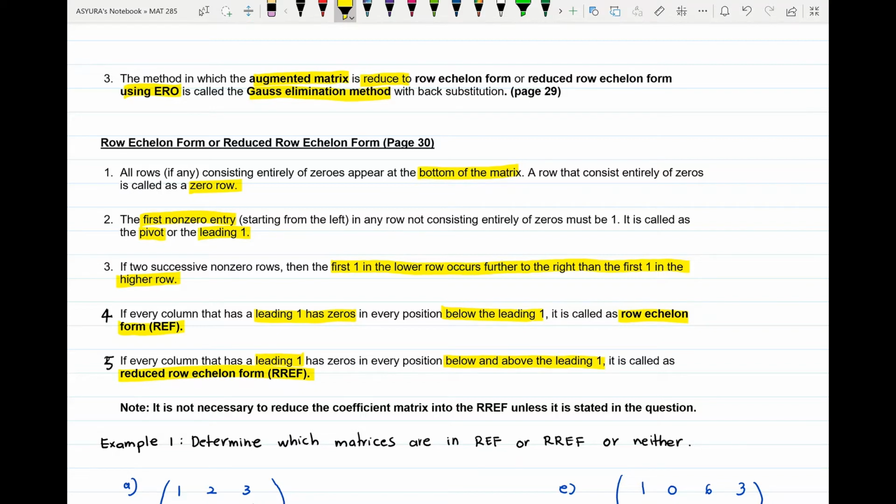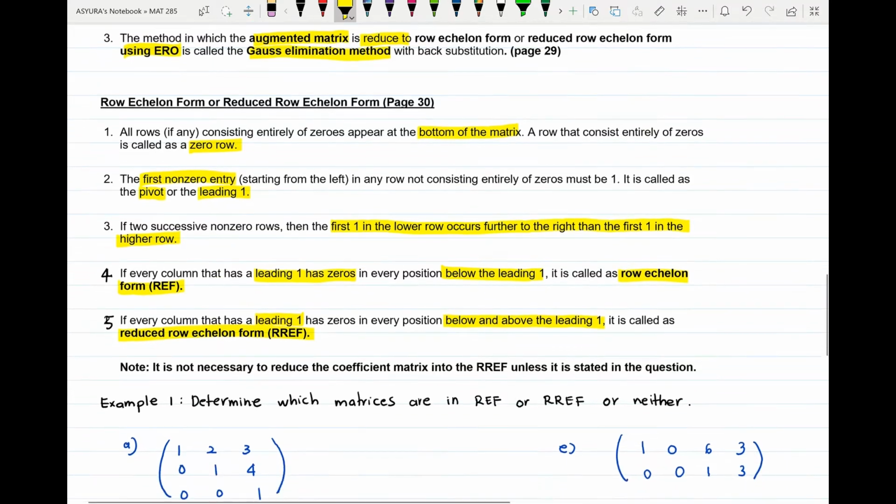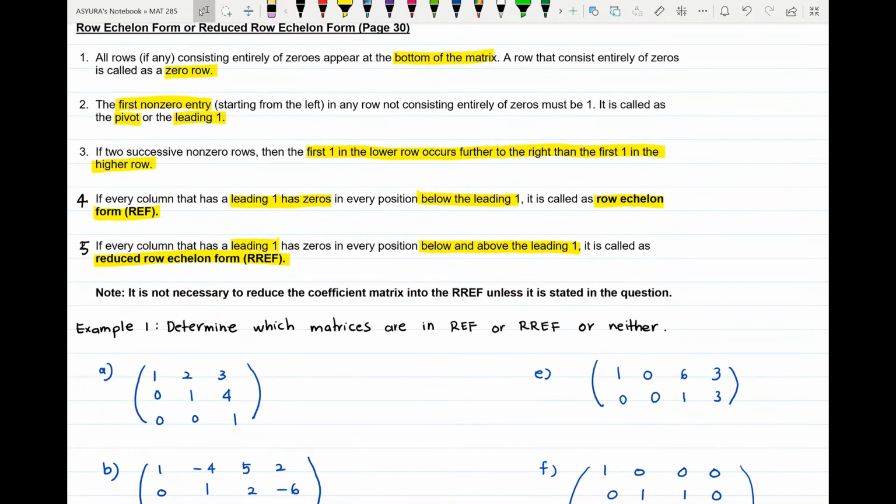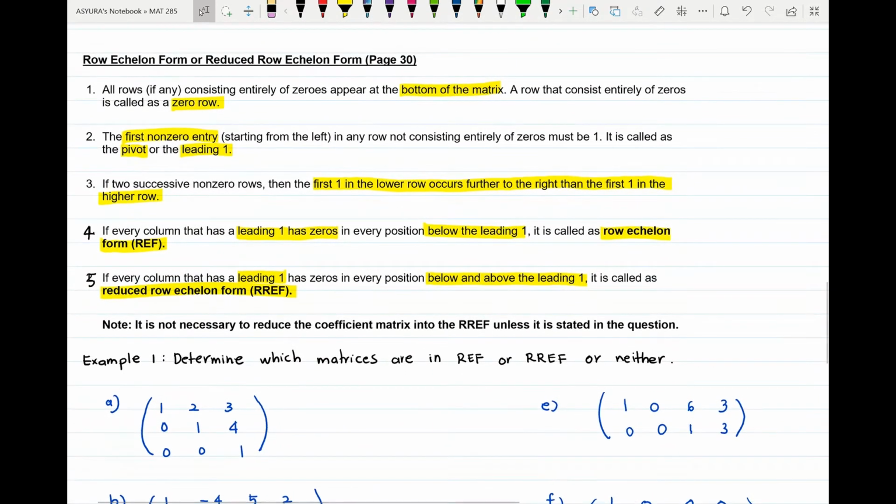Note that it is not necessary to reduce the coefficient matrix into RREF unless it is stated in your question. Now let's see an example. Determine which matrices are in REF, RREF, or neither.